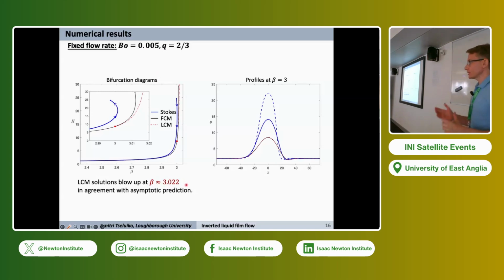This value can be obtained from the asymptotic analysis, but the FCM model and Stokes solutions, the bifurcation diagrams for Stokes solutions, have turning points at values before the blow up of the LCM model.